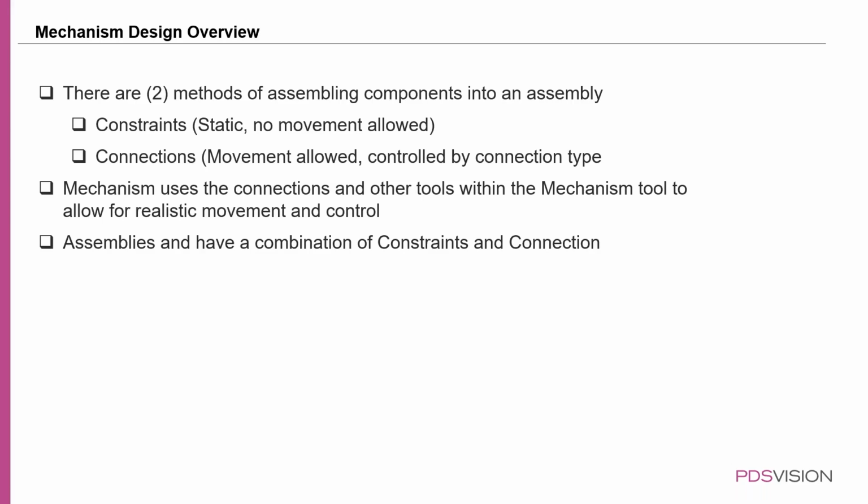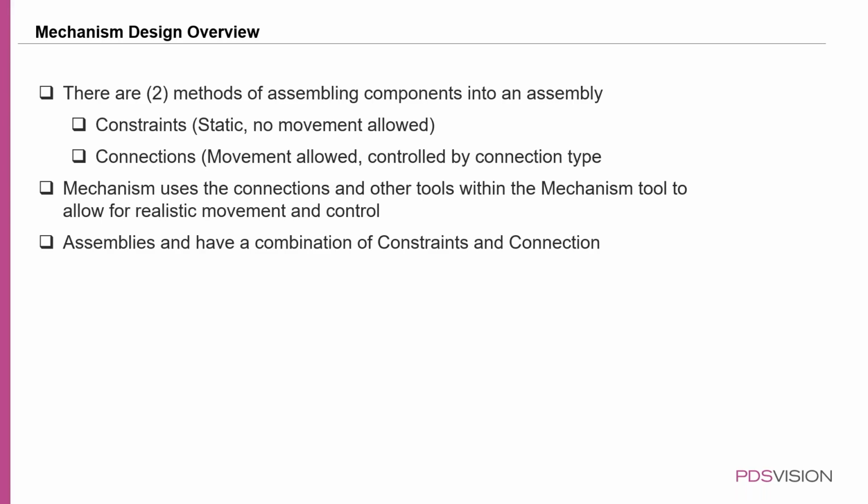What we'll do next year is dig deeper into a lot of the mechanism tools, whether we're talking about things for movement, like assigning motors, the ability to check for interferences, or mechanism for analysis. So we'll go into those a little bit more in 2024.